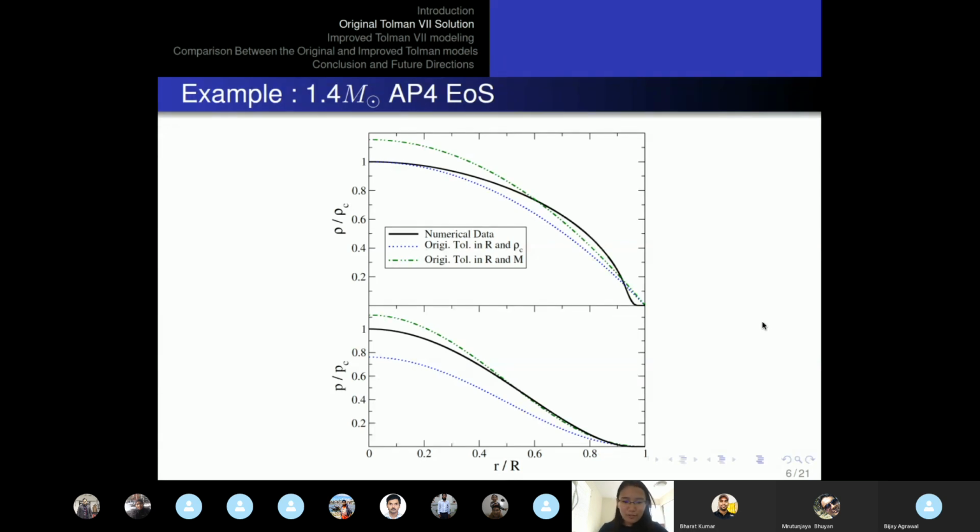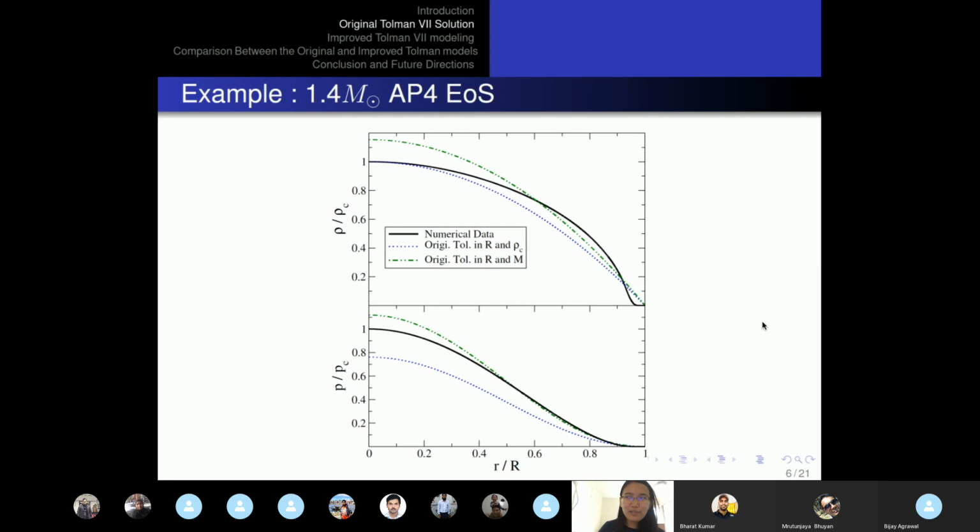And for the pressure profile, the mass and radius parameterization is better than the rho c and R. So you can see that in order to give a very good description of the neutron star, we may need three parameters, which are rho c, R, and M.